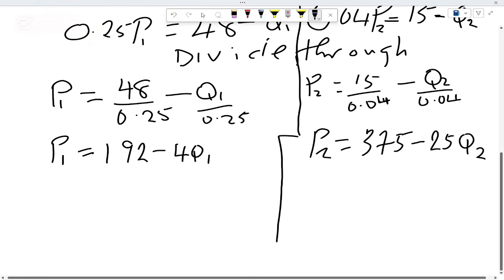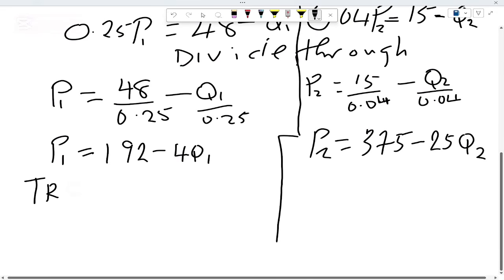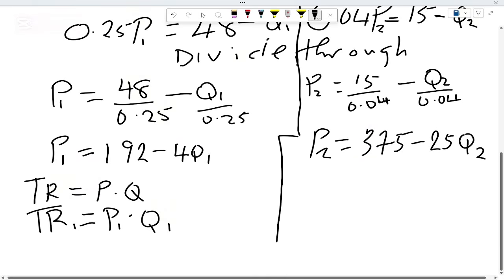Okay, now that we have expressed the demand function in terms of P, we can proceed to determine the total revenue function. The total revenue function, TR, equals P multiplied by Q. So in this case, for the first market, TR1 is equal to P1 multiplied by Q1.